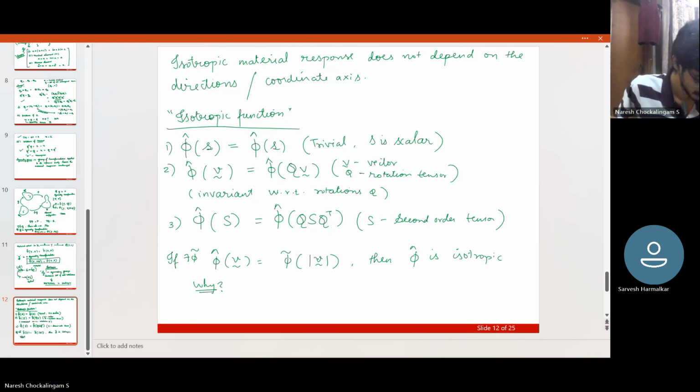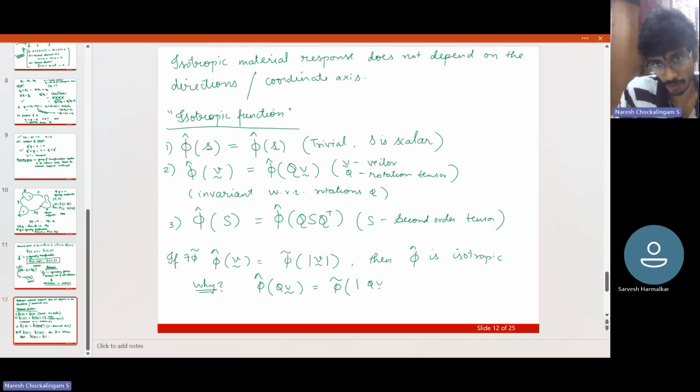Therefore, if there is such a function, suppose you rotate it, phi cap of qv is what? It is phi tilde of the magnitude of qv. But what is the magnitude of qv? It is the square root of qv dot qv.